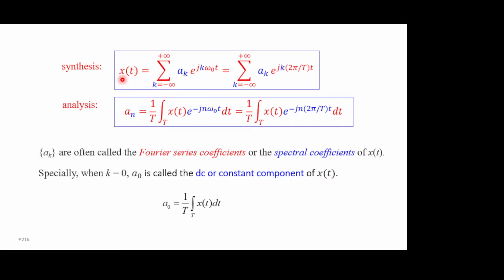So it seems there is more information in x(t) than in a_k. There is a mismatch in the amount of information, but we'll see next week that's because we need some regularity on x(t). Not every x(t) can be expressed as this summation. So you need some smoothness in your x(t).